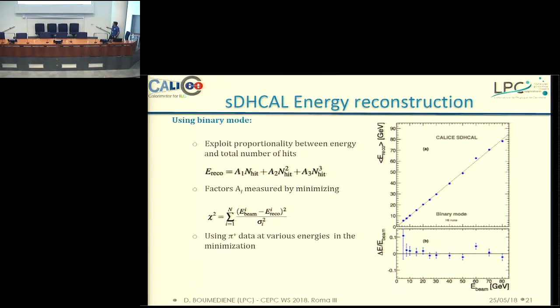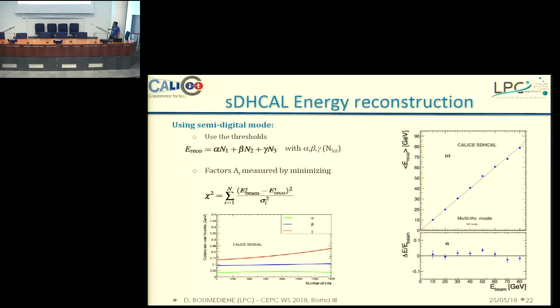You can determine this relation by, again, minimizing a chi-square, and you see the linearity of the energy reconstructed in this way. But you can also use the 3 thresholds, so the number of hits passing the first, second, and third thresholds, in a more complex relation. Again, you tune some free parameters using test beam data.